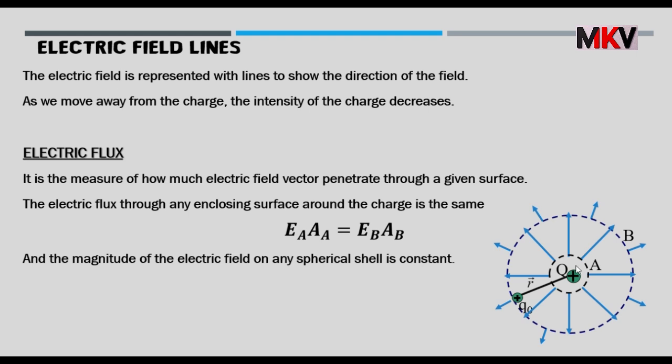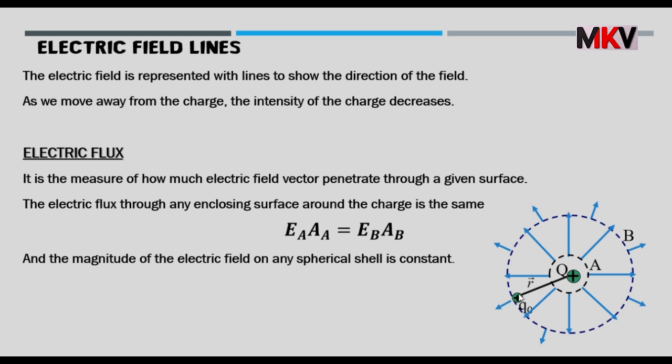We have two surfaces, A and B, and the electric flux for A is equal to the electric flux for B. For surface A, the electric flux is the electric field times the area of the surface, and the electric flux for surface B is the electric field times the area of surface B. They are equal since the same number of electric field lines come out of the two surfaces, meaning they have the same electric flux.